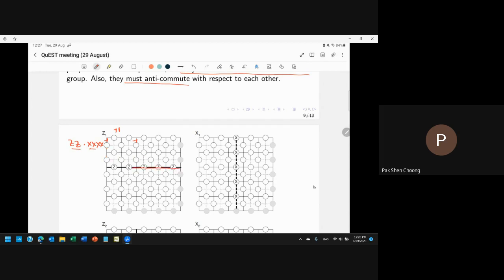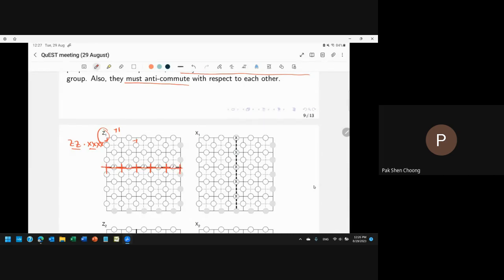You have a line of Z operators acting on these qubits basically. So this is your Z1 operations. You can test. If let's say this is your vertex operator, you get +1, +1, +1, +1, and then +1, +1, and so on.